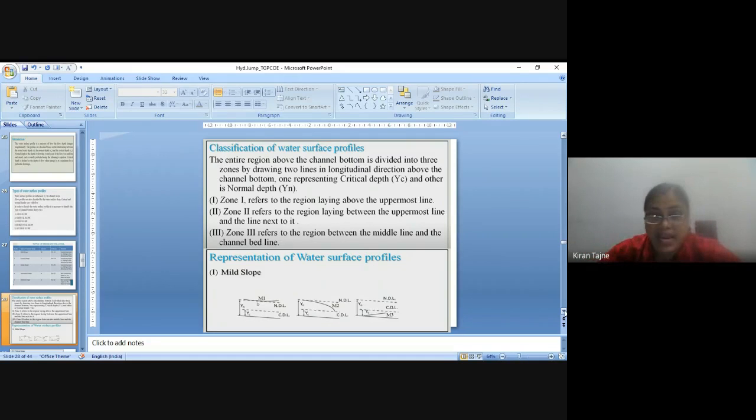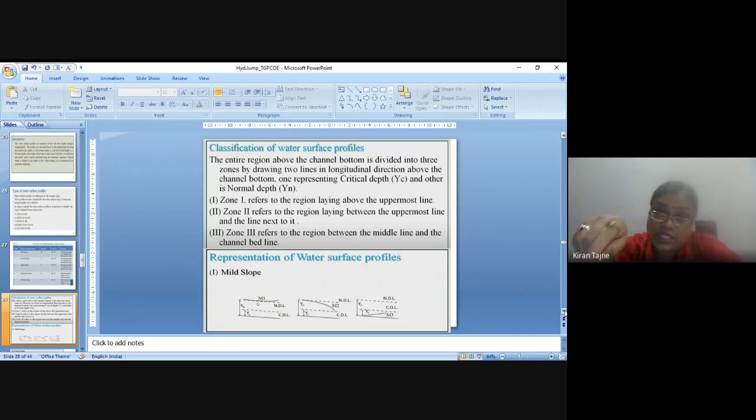In the second figure, you will see the slope is in the second zone, zone 2, between CDL and NDL. Whenever water flows from a starting point through the longitudinal direction, the depth of water is reducing.